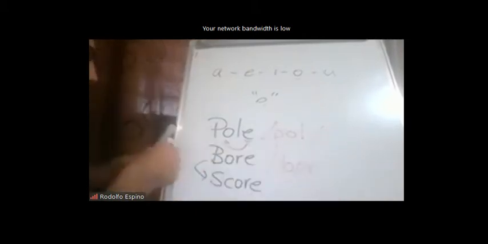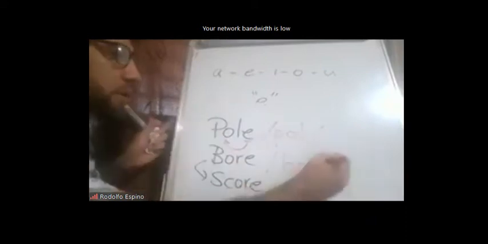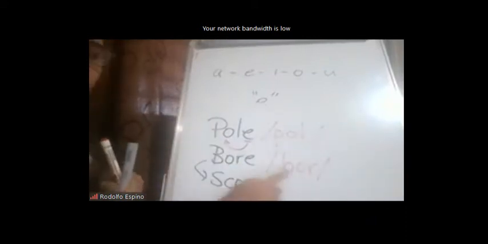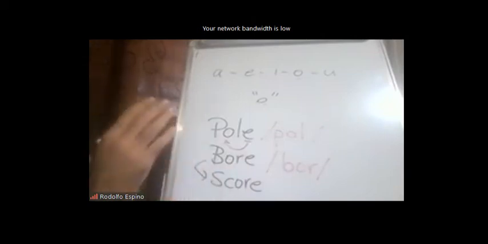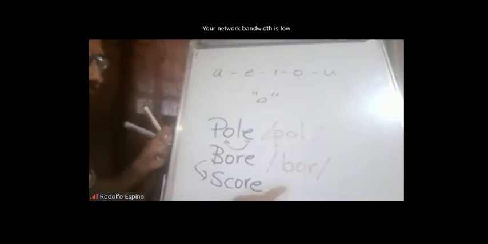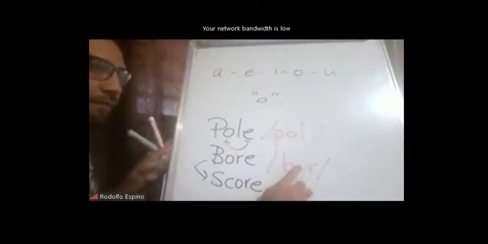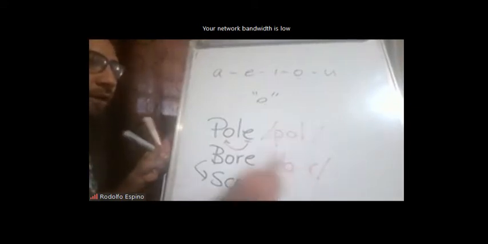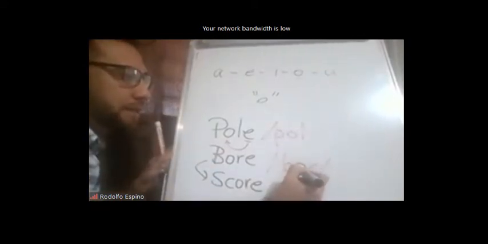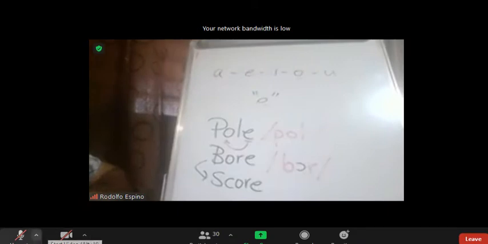Sorry about it. So you cannot say bower, because it's a tense vowel, and tense vowels never occur before the sound R. So here we should change it for another sound that is similar, but in this case should be lax, so it can fit this position.